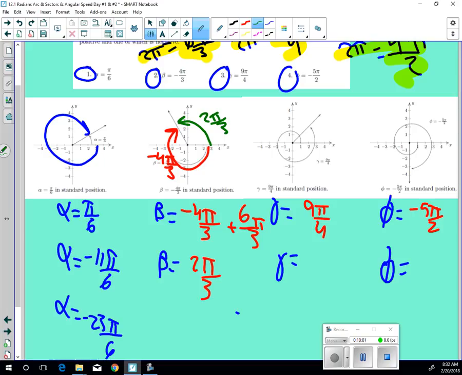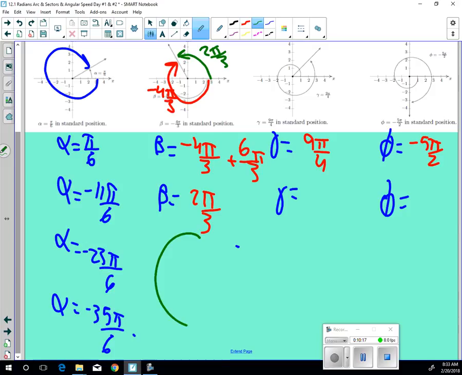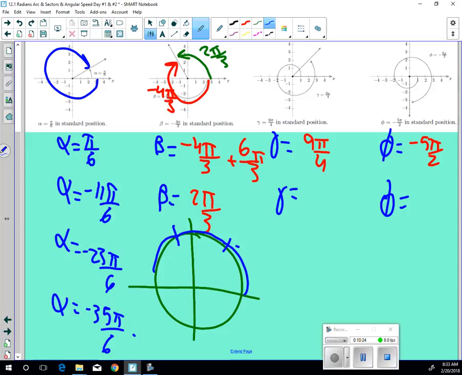3 pi over 3 is a half a circle. Remember when we did the Skittles last week? It was 1, 2, 3.14. Pi was half of the circle. And here's another way to think of it.